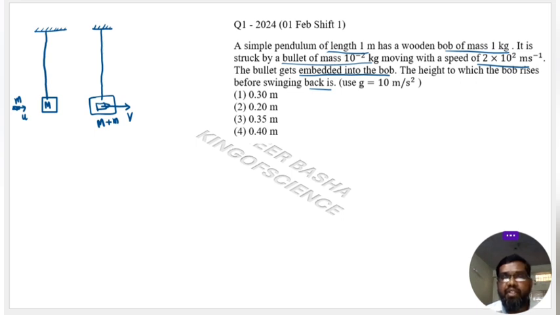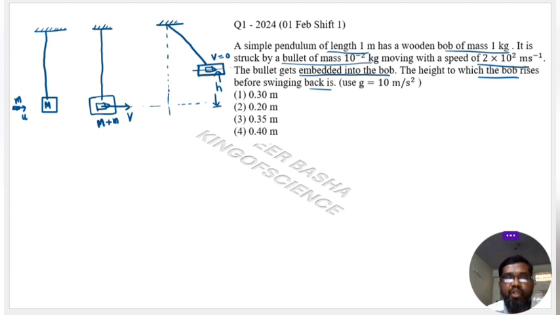After some time, it is no more at this level, it will be raised to somewhere here. They are asking what is the height it is raised, the height to which the bob rises before swinging back. So after reaching here, the velocity will be equal to 0.